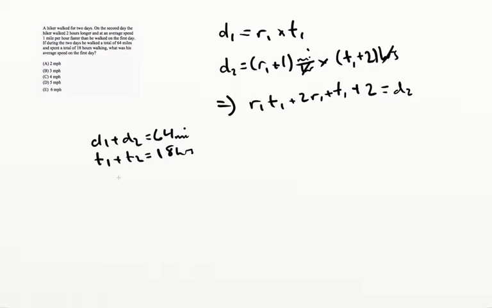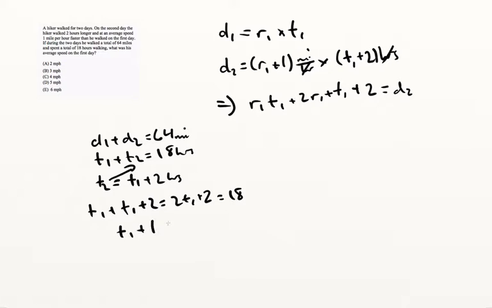Remember, we know that T2 is going to be T1 plus 2 hours. So we can sub that in here. T1 plus T1 plus 2, or 2T1 plus 2, is going to be 18. So T1 plus 1, just divide both of these by 2, is going to be 9. So T1 is 8 hours.